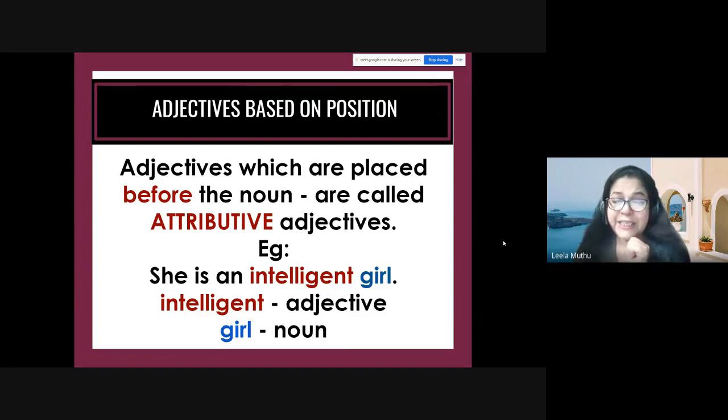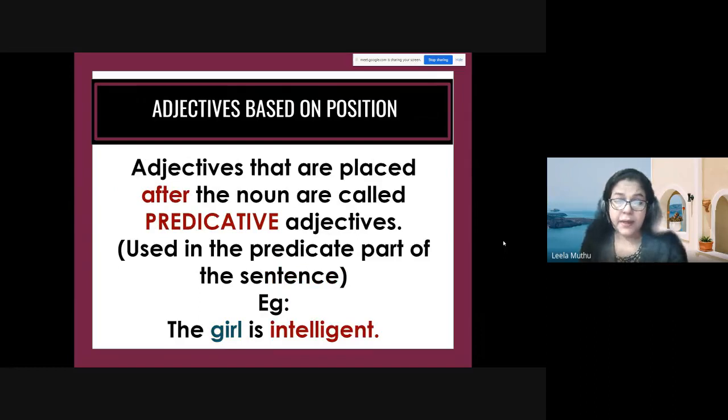For example, she is an intelligent girl. Now, girl is the noun. The adjective describing the girl comes before the girl, and it is used attributively. Adjectives that are placed, like I told you, after the noun in the predicate part of the sentence are said to be in the predicative use.